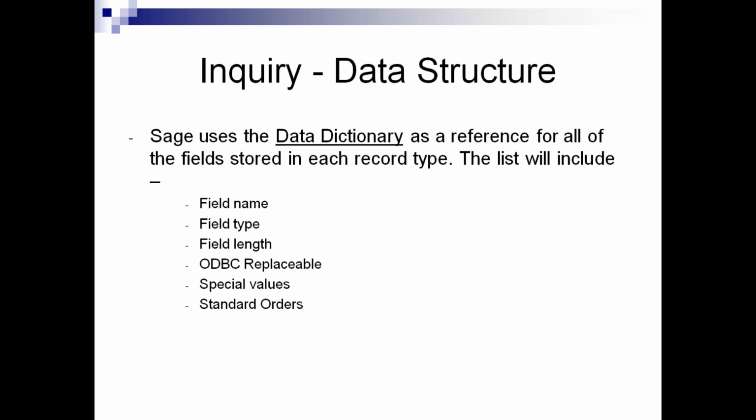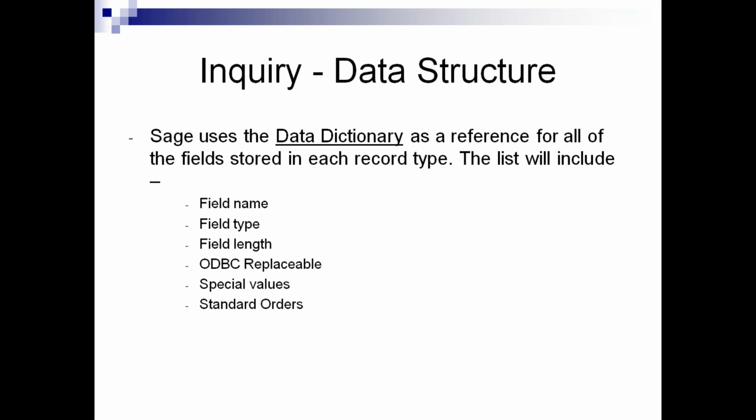With reports, you can select one or all three: new, current, and history, to run on a report altogether. But with an inquiry, you can't. You will select just one of those three files when you start the inquiry display. Now, within those transaction files, again, we've got records and we've got fields.